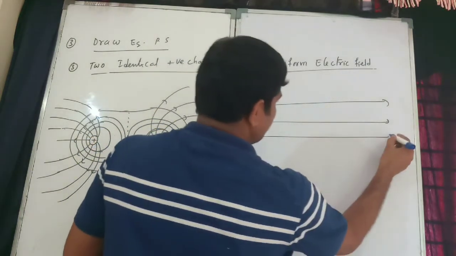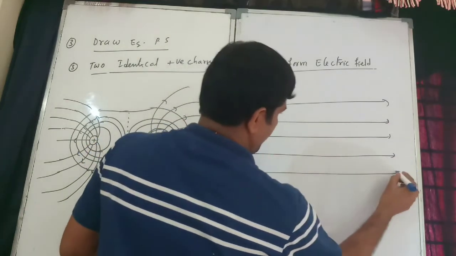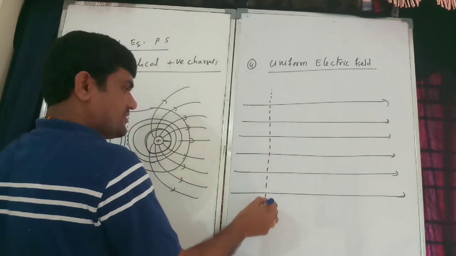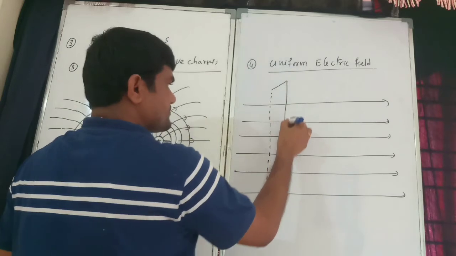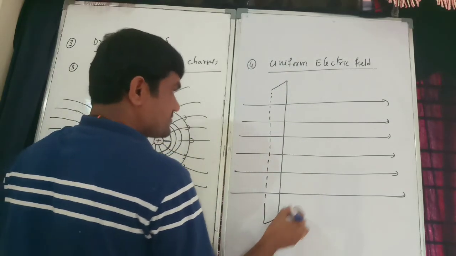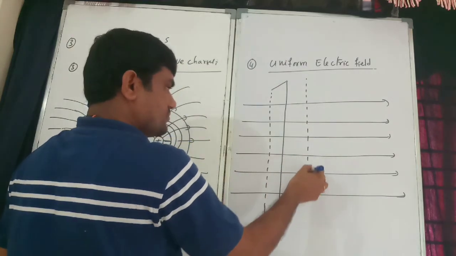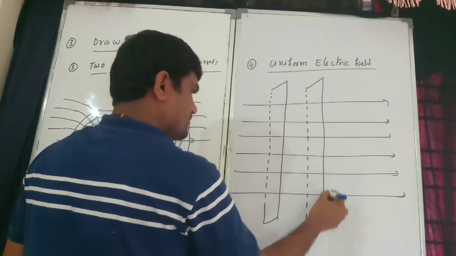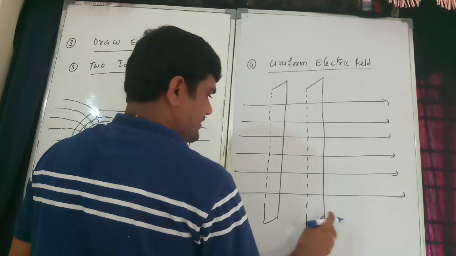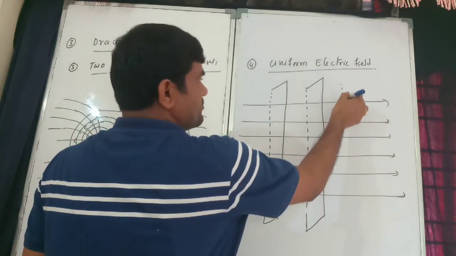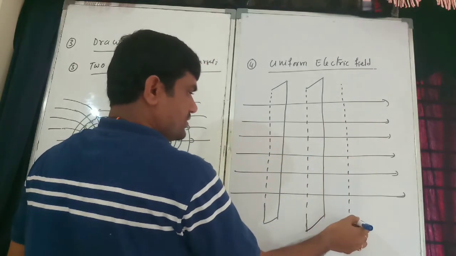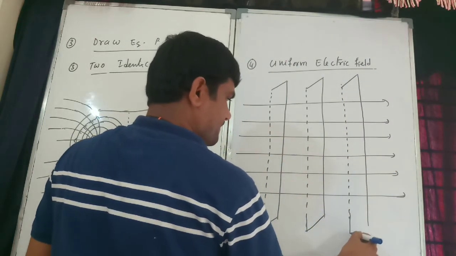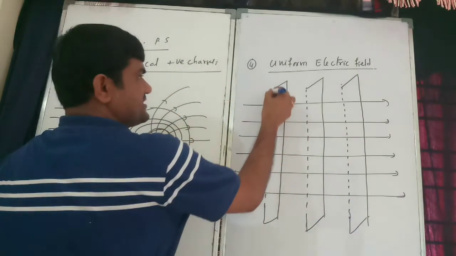Just now I have given this one. Now I can draw the equipotential surfaces, one more each.